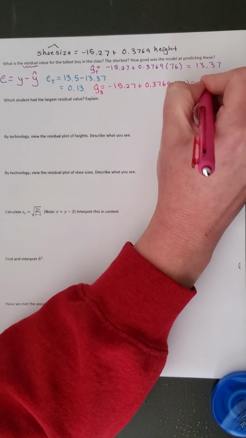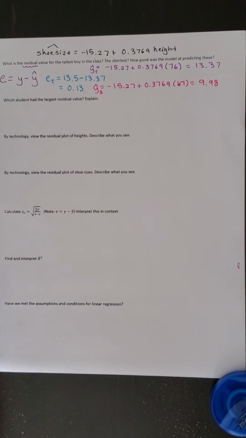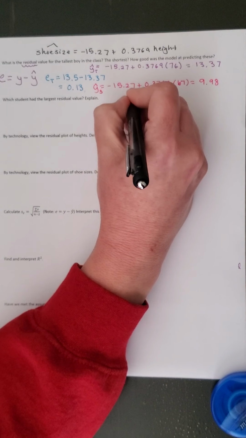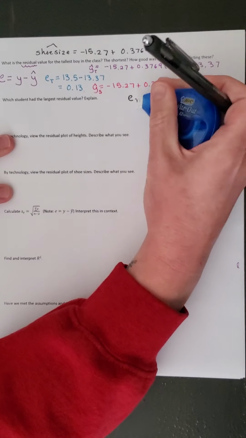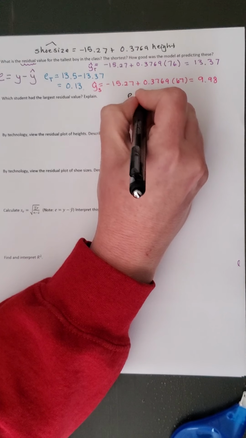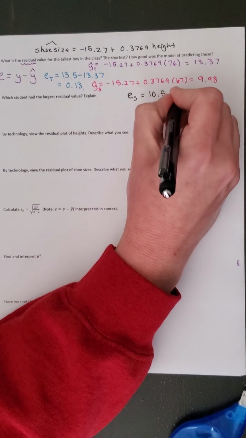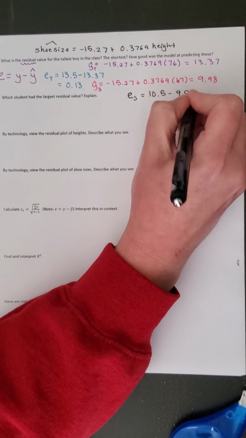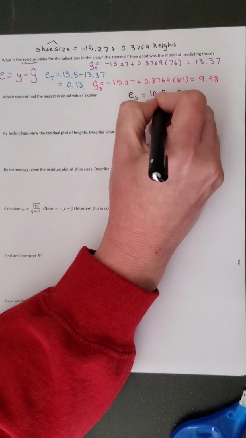which is a 9.98. And so again, the residual value, oh, not for the tallest, my bad, for the shortest person, was his Y value, which was a 10.5, minus 9.98. 10.5 minus 9.98 is a 0.52.